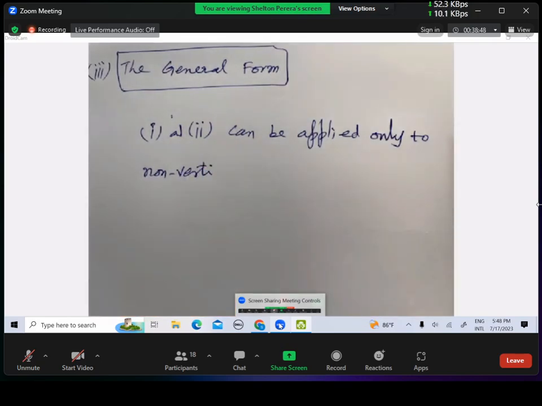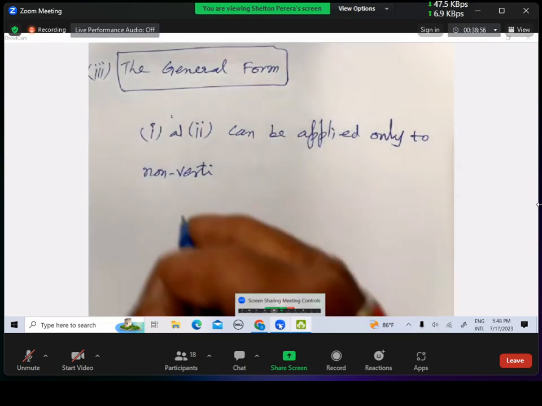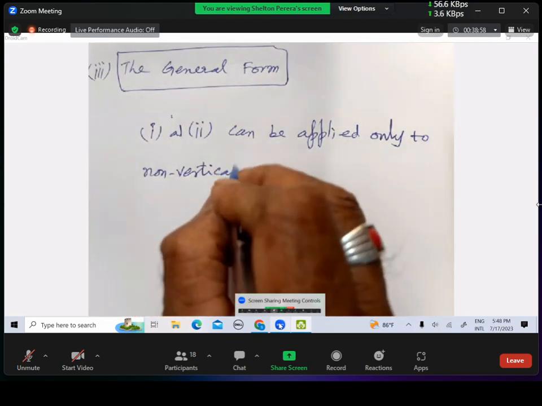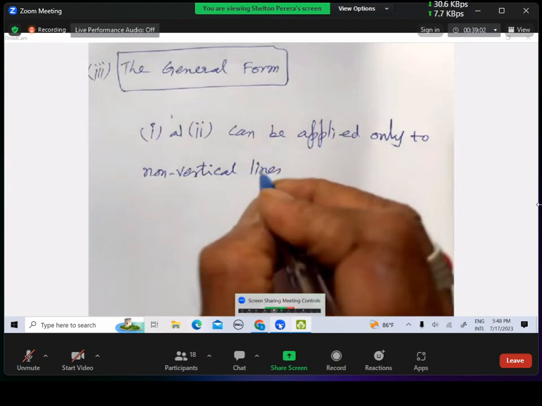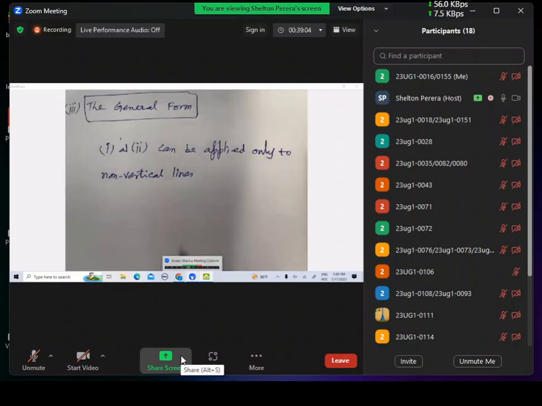Slope has a meaning only for non-vertical lines. A vertical line has no slope. Slope is undefined.